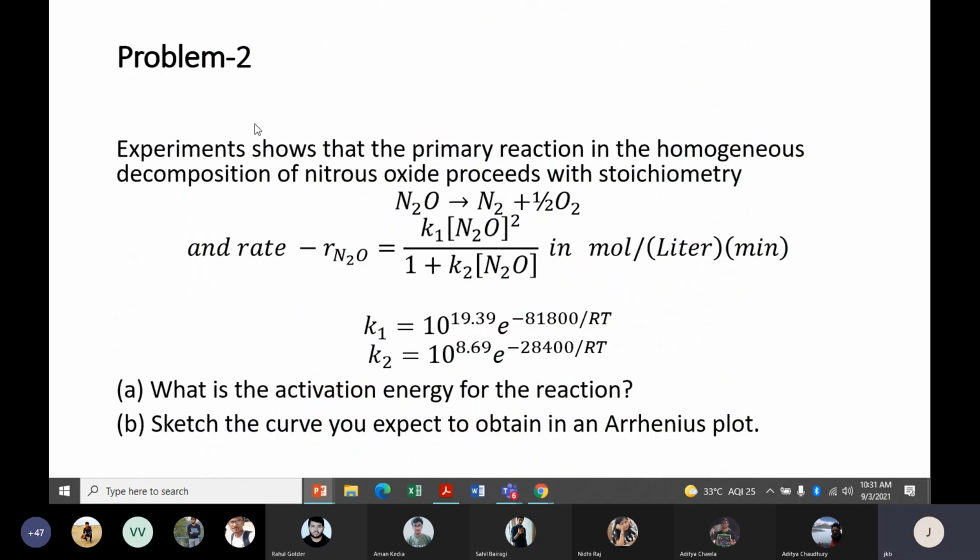Second problem, what is written? What is the activation energy for the reaction? You see, this is not the true rate kinetics, it is complex kinetics, because it is not first order, not second order. It is what type of order we do not know.